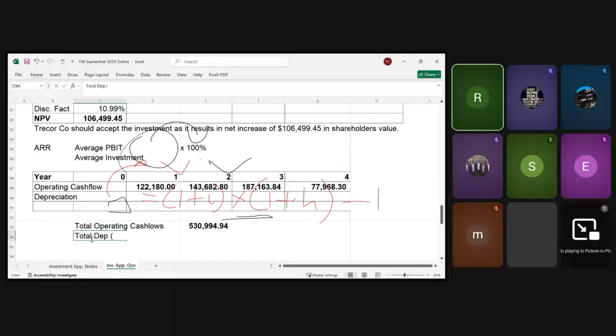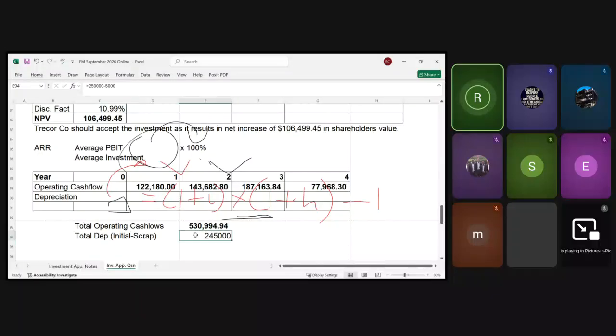And total depreciation is initial less scrap. This is how we calculate total depreciation. Our initial amount is 250,000 minus scrap of 5,000, if I'm not mistaken.